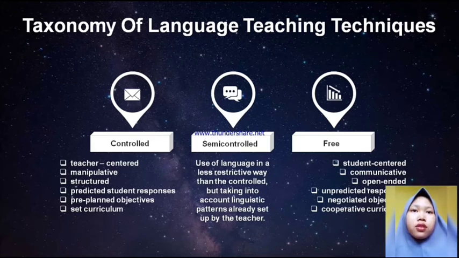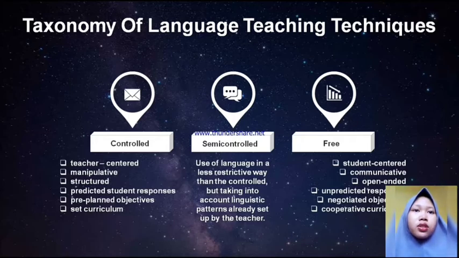The first authors to propose this taxonomy were Crookes and Chaudron. It was centered on classroom observation done by Chaudron with the purpose of displaying a list of activities grouped into three levels of teacher and student control with respect to the performance of the activity.